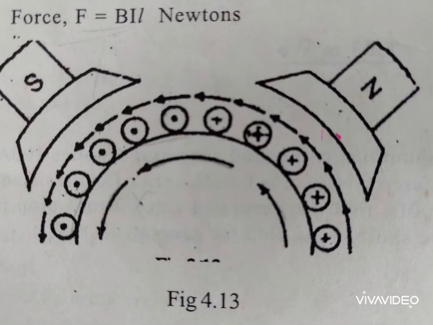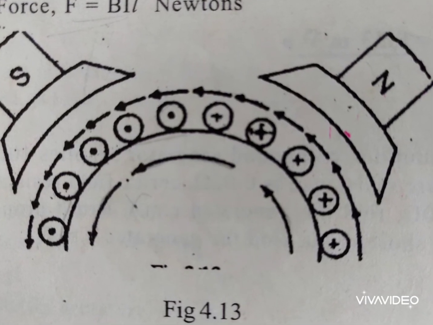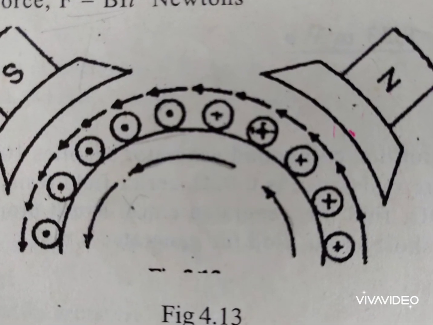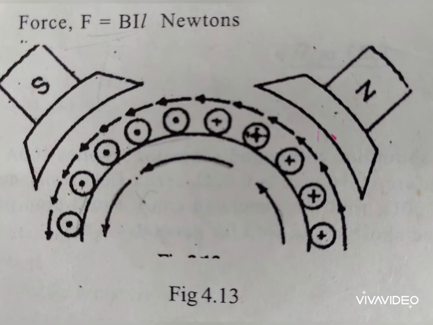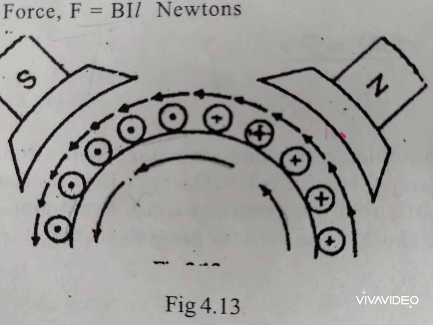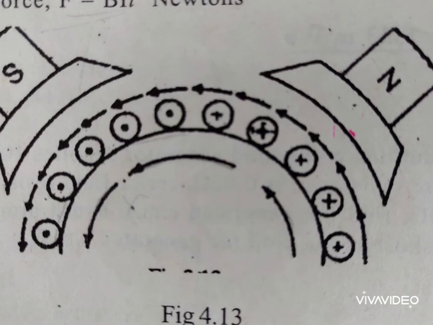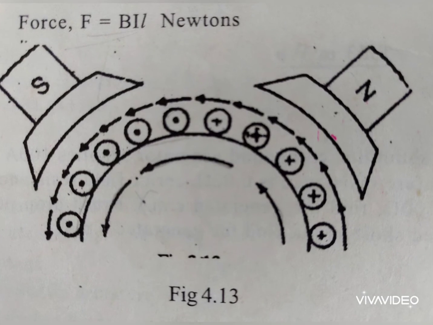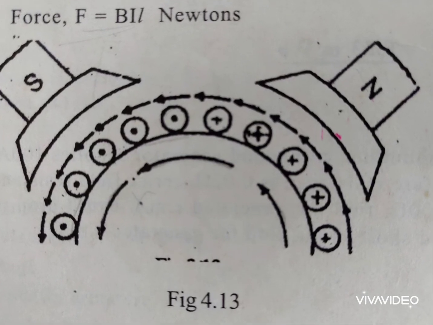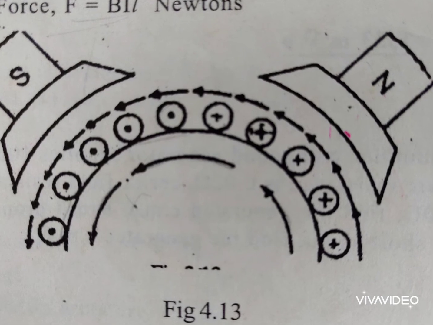In this figure, you can see a part of a multipolar DC motor. When the motor terminals are connected to DC mains, the armature conductors experience a force tending to rotate the armature. When the field is excited, it develops alternate south and north poles.